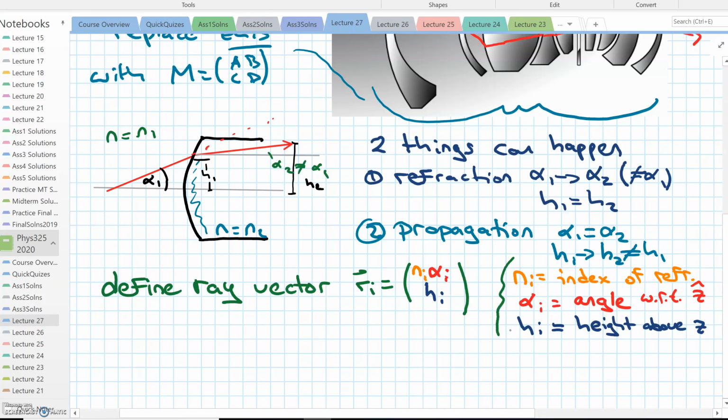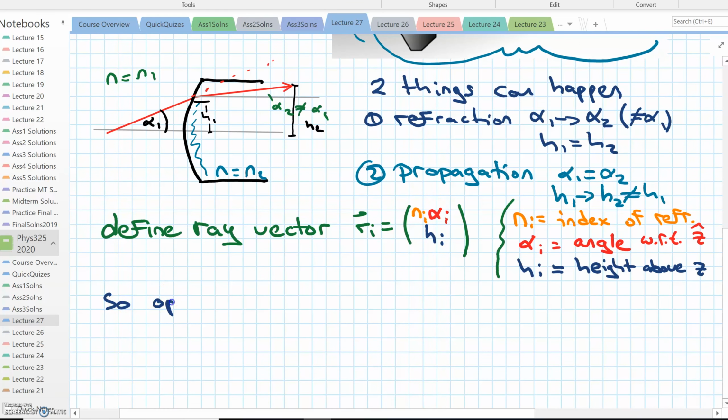So everything we do, which we've just said is either propagation or refraction, is really transferring one ray to another ray. And that's basically a two-dimensional vector to another two-dimensional vector. And we're going to restrict ourselves to things that are linear.